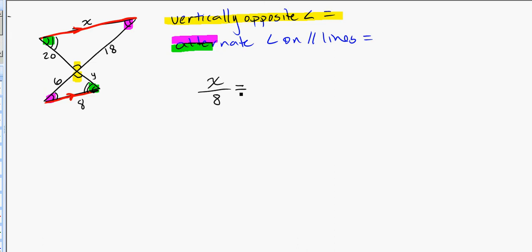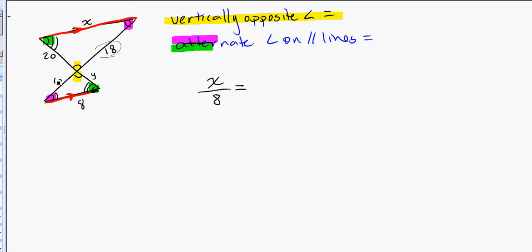And now I need to find a ratio of two things that I know. Well, again, since x is from the big triangle, I want to pick off a number from the big triangle to go on top. And I'm going to pick 18. And my reason for picking 18 is that I notice that 18 goes between pink and yellow for the angles. And if I look on the little triangle, I actually have a number between pink and yellow on the little triangle as well.